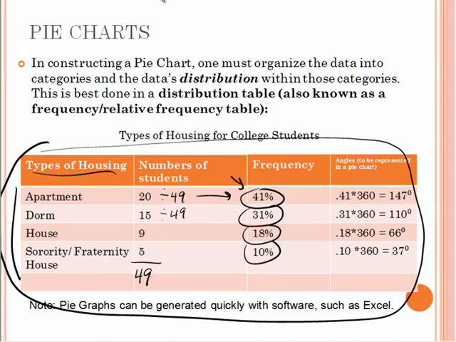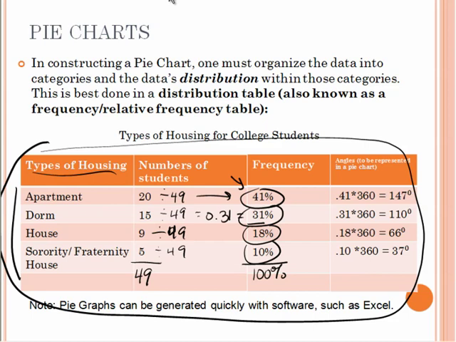If I divide 15 by 49, I should get 31%. Remember that you'll get a decimal, and then you convert it to a percent by multiplying by 100. So the percents should add up to what? That's right, 100%. If they don't add up to 100, then something went wrong.